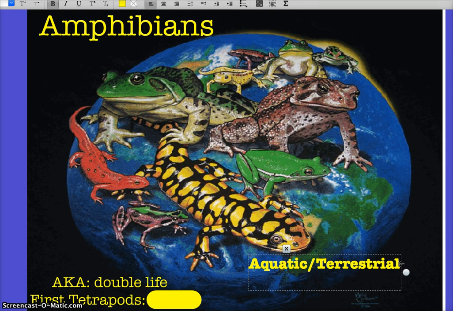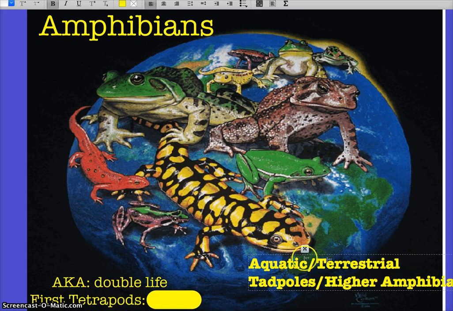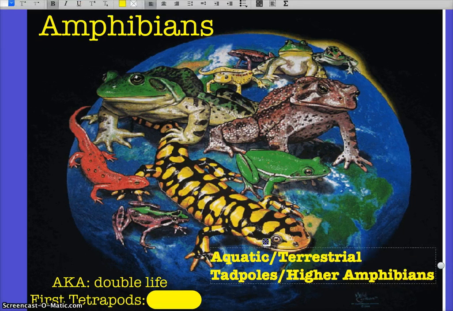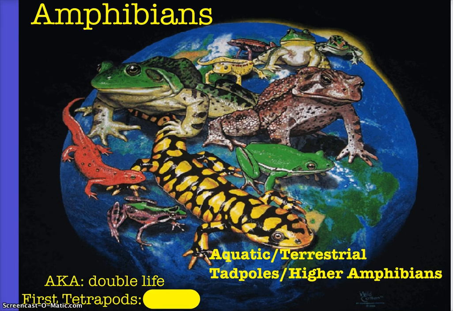What do you know about that? Yeah, tadpoles kind of morph into the, I would say, higher level amphibians, right? So it's kind of their start. And their start is aquatic, and then they move on to land. Some stay.